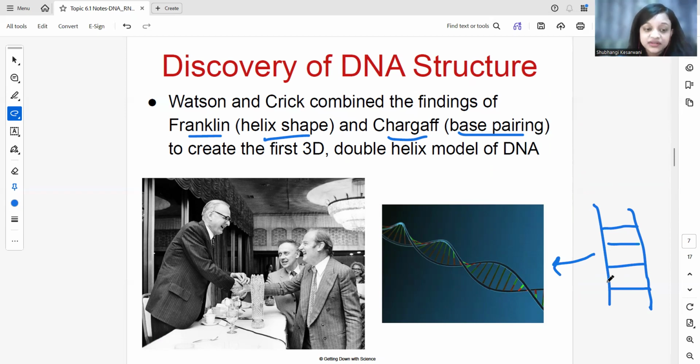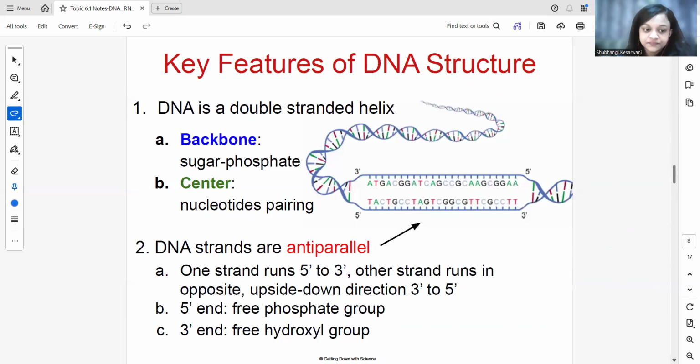Okay, so what happens is Watson and Crick gave us the 3D model. It gave us the 3D model using what ideas? Franklin and Chargaff data. Okay, that's how they got to know about these things. So what is hydrogen bonding? If DNA strands were stuck somewhere very tightly, could they just open during copying?